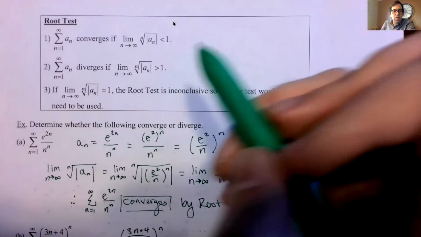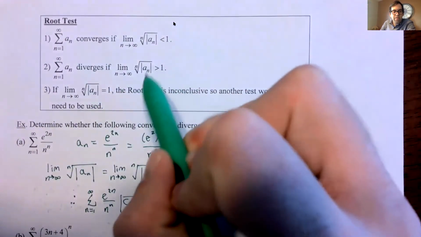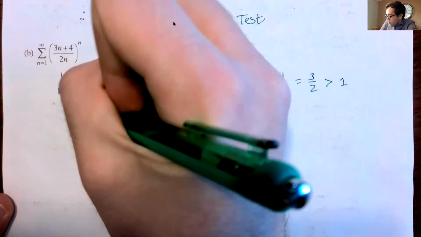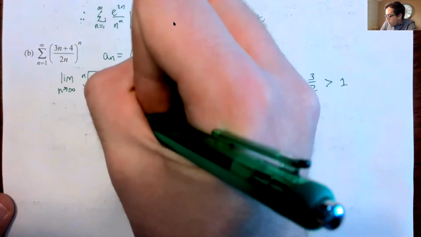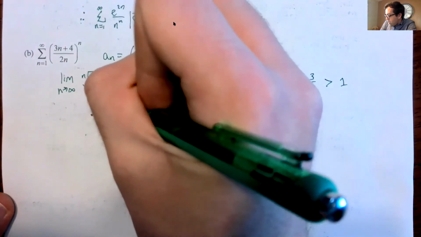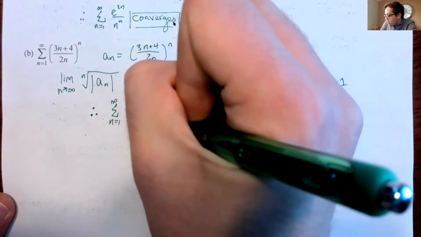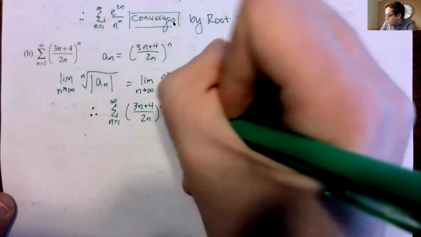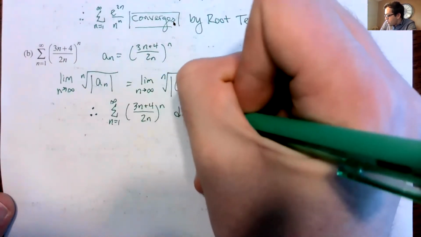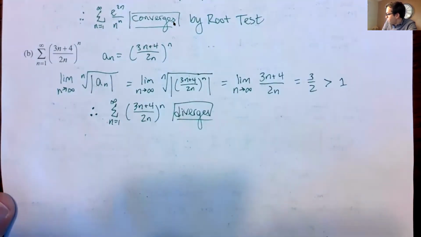So by our root test, since we have a value greater than 1, the series diverges. So we would say, therefore, the series from n equals 1 to infinity of 3n plus 4 over 2n to the nth power diverges by the root test.